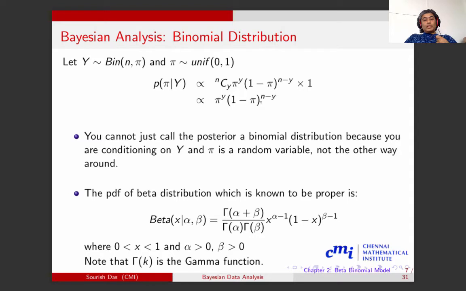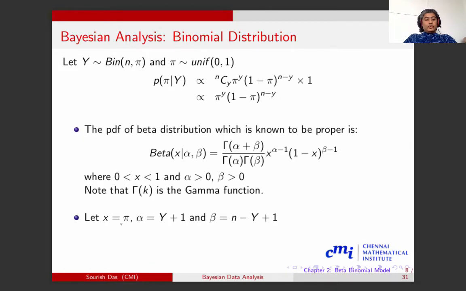Now compare this form with our form. So we can say that the kernel of the posterior distribution behaves somewhat like a beta distribution. And we are going to use this structural similarity in our favor.